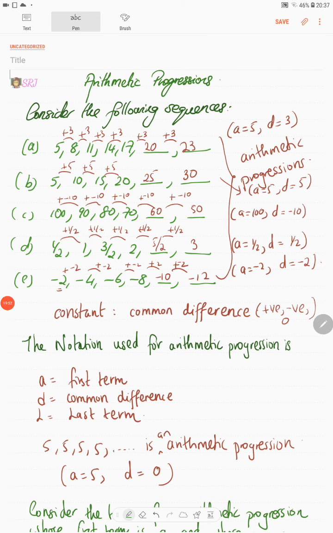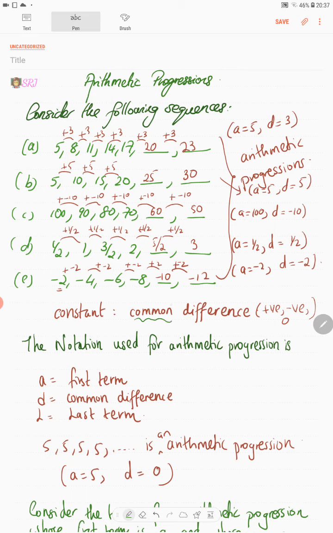So we stop here for this lesson, but before we are going to do a quick recap. So as you saw, for an arithmetic progression, each term in the sequence differs from its preceding term by a constant, and you can see that the constant is the same in each case. That is why we call it the common difference.